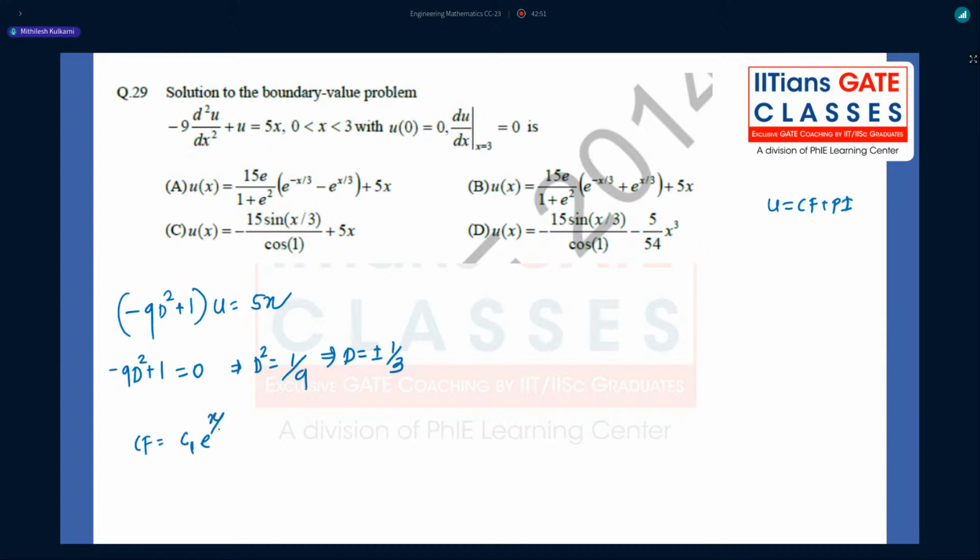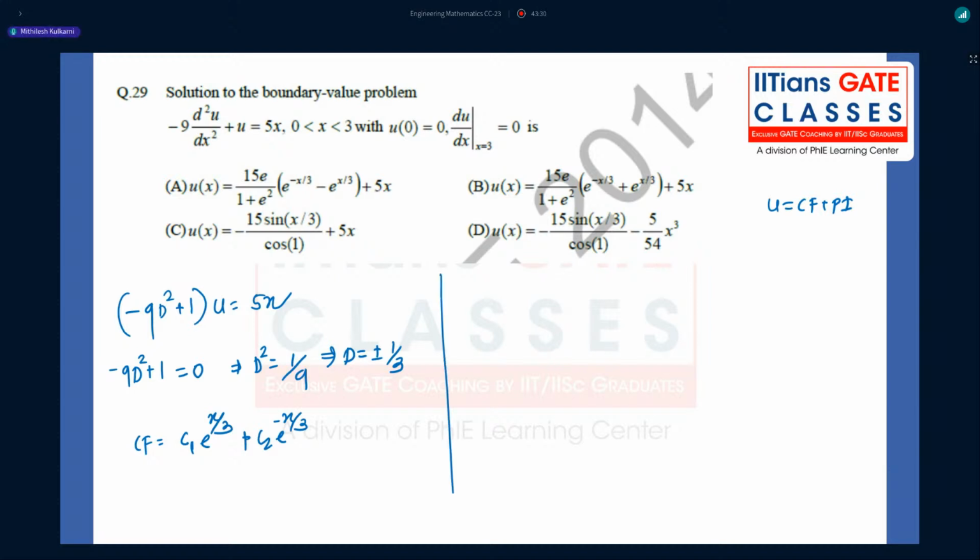So you can write it as x by 3, plus C2 e to the power minus x by 3. Okay. So this is the CF. Comparing the options, you can see that either option A or option B is correct depending on the value of C1 and C2, because we have similar terms there, e to the power minus x by 3 and e to the power plus x by 3. So let's try to calculate now PI here, and then we'll calculate the constants.